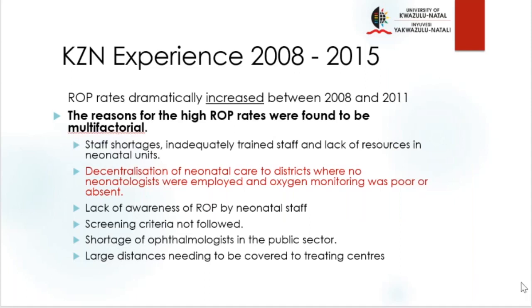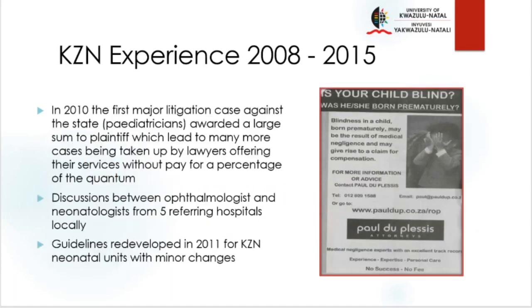So basically the main reason for this increase in the first 4 years was the decentralization of neonatal care to the districts. And even though we as ophthalmologists would bring it to the attention of the neonatologists that we were seeing a lot more RoP, and we thought it was because of the decentralization of care and therefore poor awareness and poor screening, nothing really happened until in 2010 there was the first major litigation case against the pediatricians.